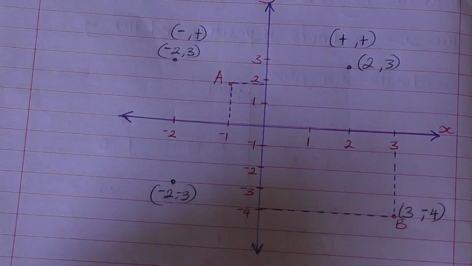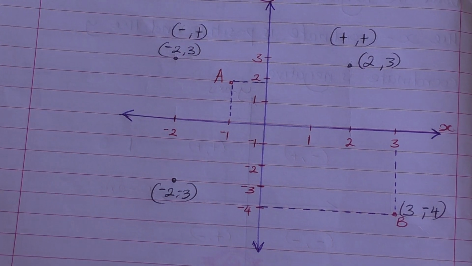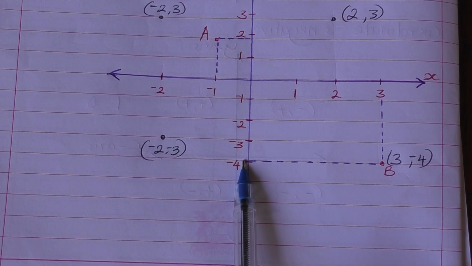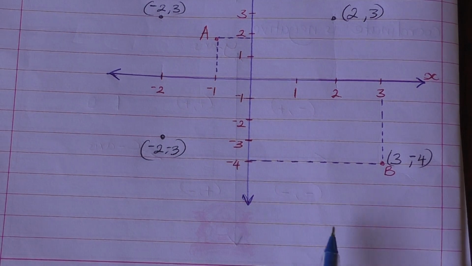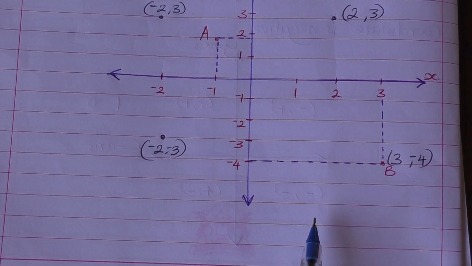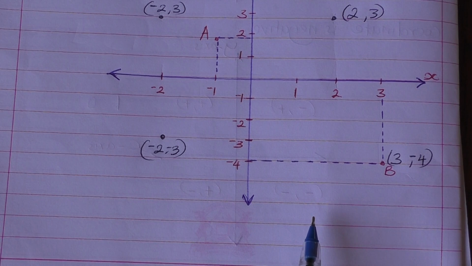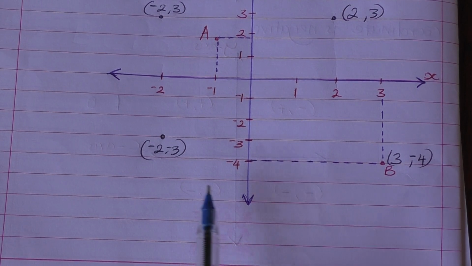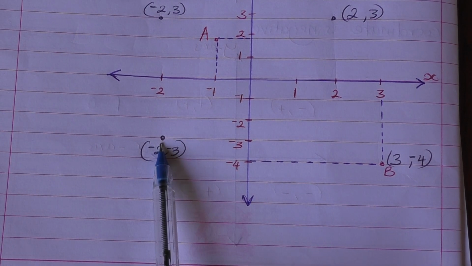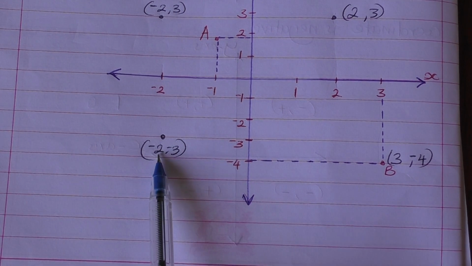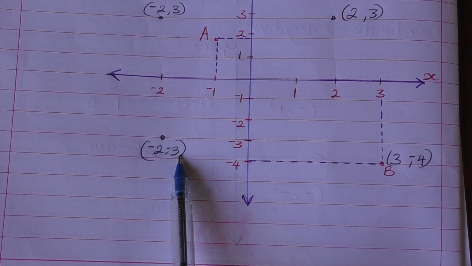Then we have the third quadrant. In the third quadrant, both x and y coordinates are negative. Therefore, when given a point and all the x and y coordinates are negative, those are plotted in the third quadrant. For instance, we have negative 2, negative 3.